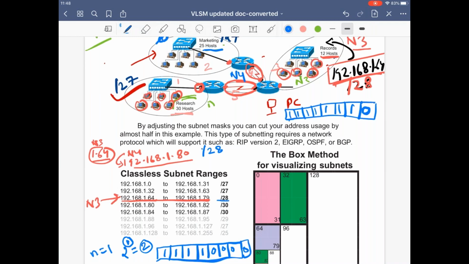It will become 30 now. 24 plus 7? Because only 1 bit is 0. One minute. For /28, this is already 1.